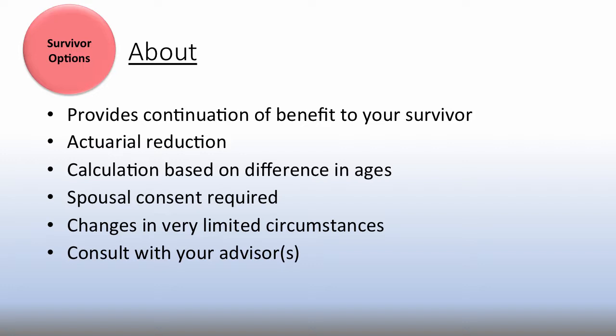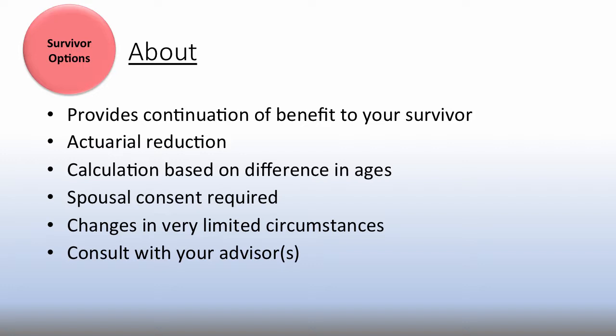So if that happens, can you now add another survivor, like your kids or somebody else? Not in that instance. The only way you could change that is there's an instance where if you get remarried, then you have basically a 2-year window where you can designate your new spouse as a survivor, or likewise, if you never picked a survivor option and then get married in retirement, you have a very short window to add that survivor.